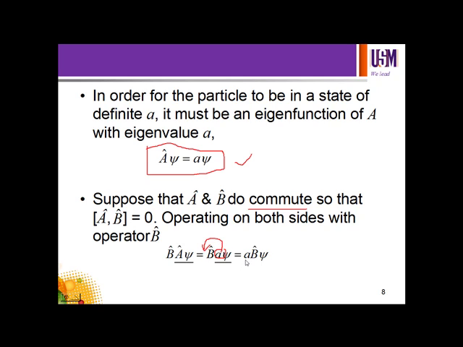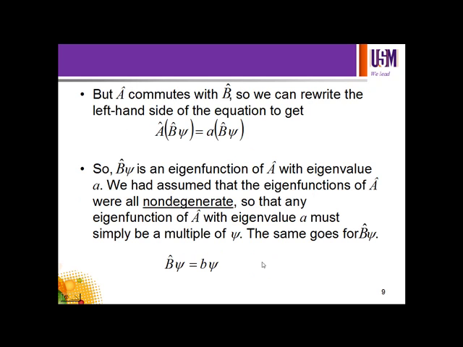So we have eigenvalue a, small a, operator B psi. You have this relationship. That means now we have this relationship in the sense that two operators multiplied by psi equal an eigenvalue and an operator multiplied by psi.